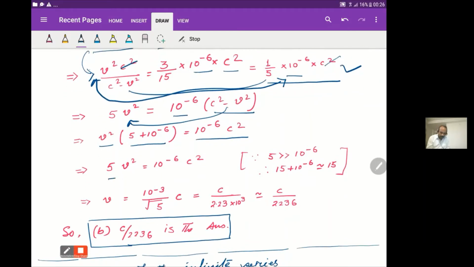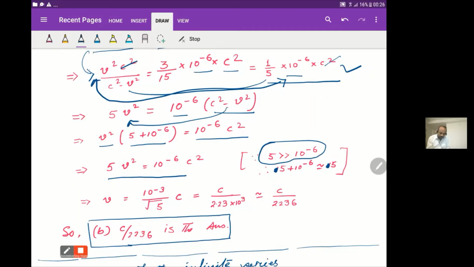That gives us 5 v square, because 5 is very, very larger than 10 to the power minus 6. Therefore, we can write 5 plus 10 to the power minus 6 is approximately equal to 5.